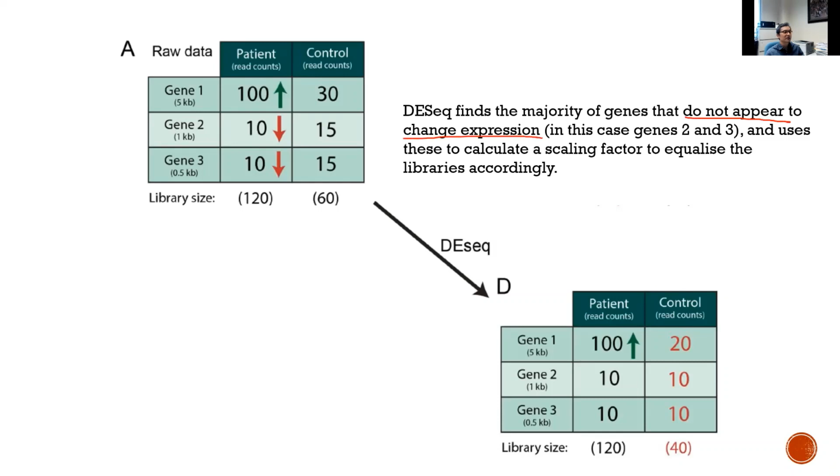This assumption may be biologically more feasible, because you don't expect a major change for every gene between these two samples. So DE-seq will assume genes 2 and 3 have no expression change between the two samples. They will be used to compute the scaling factor.